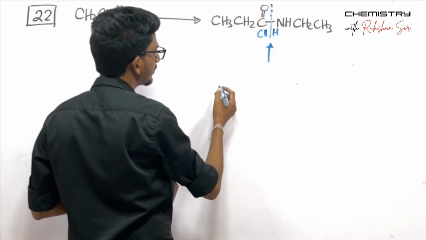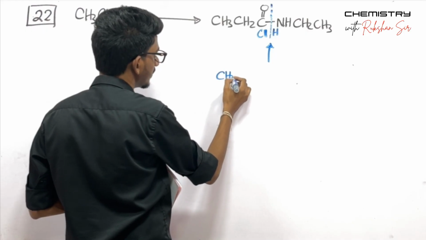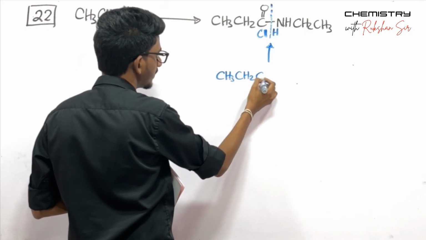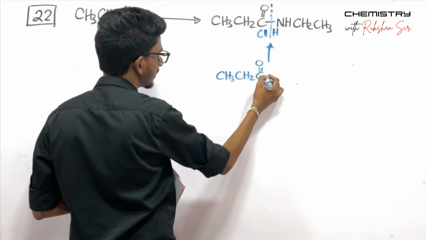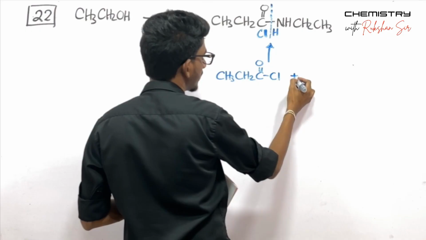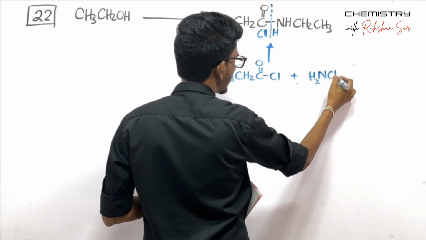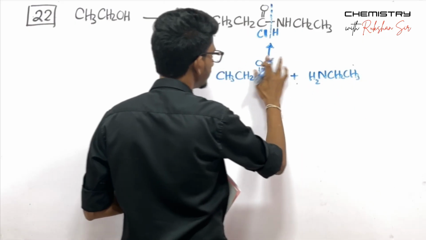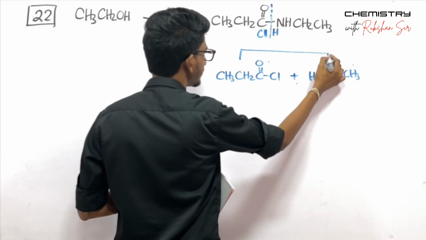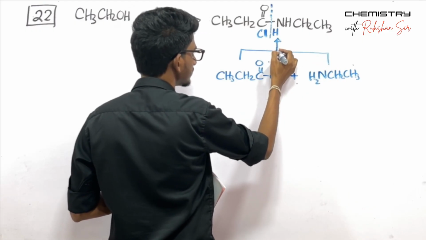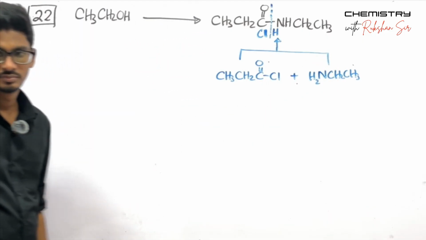So the two intermediate compounds are this acid chloride plus this amine, right?